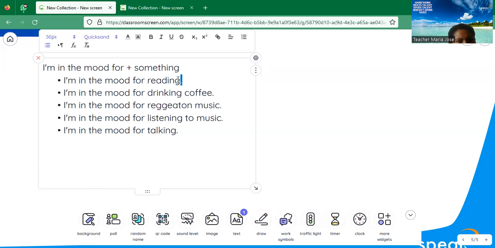Now I want you to look at this. What is the ending of the verb in this case? What is the ending?